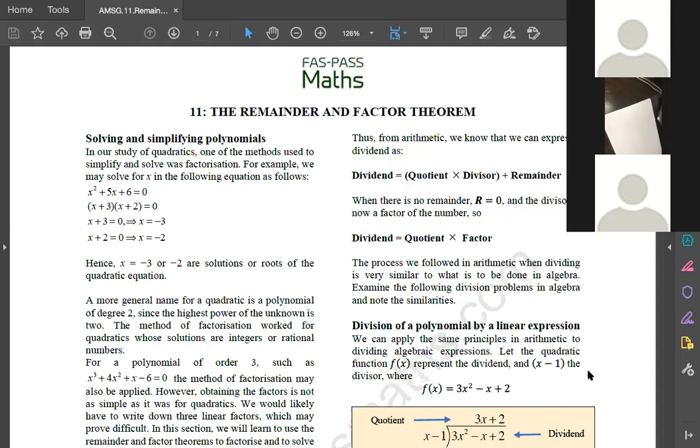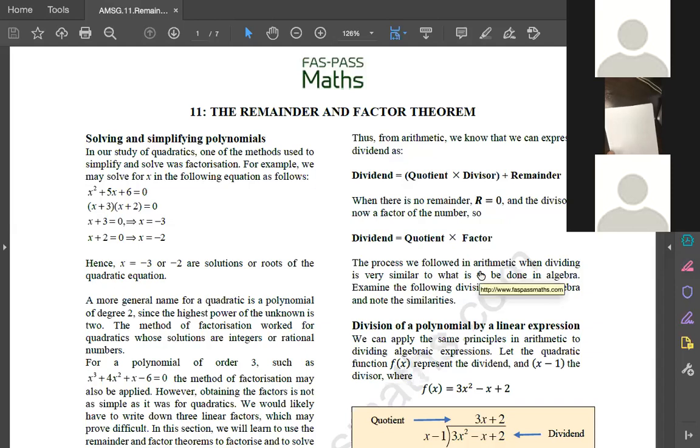If it was given as x squared plus 5x plus 6 without the equal to 0, that would have been an expression. So this is a quadratic equation, not a quadratic expression. They are entirely different.